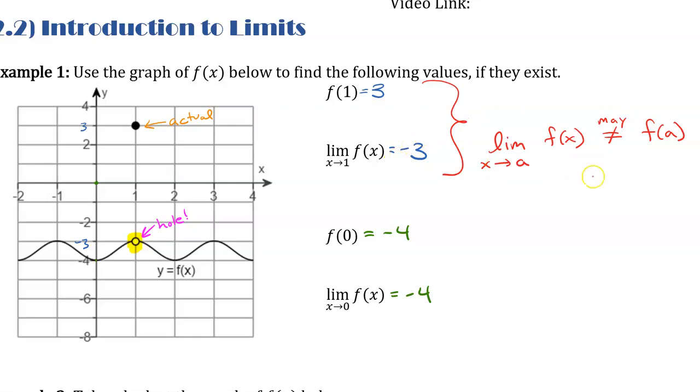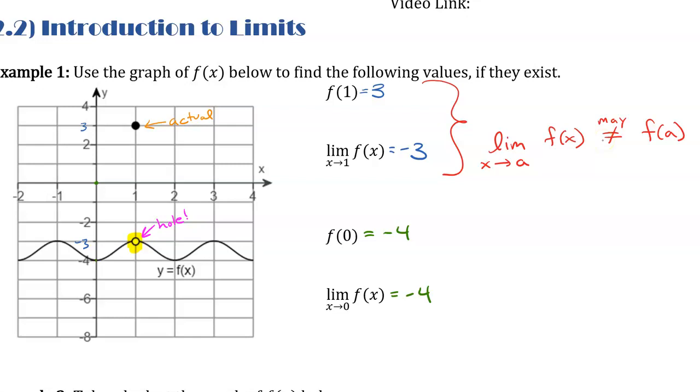So be careful. As we go through these sections, we'll get different things that we can add to our list of limit properties and limit conditions. So here's the first one.